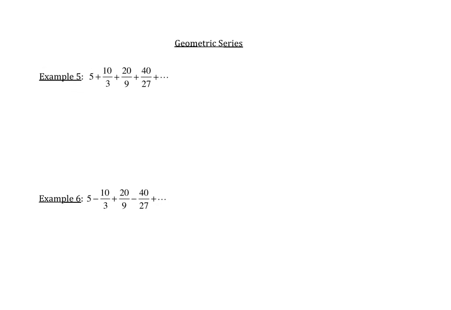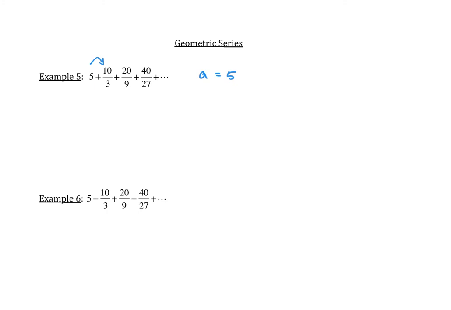When I look at example 5, I need to first see that we have a geometric series. I look at the first term, the first term is a, that's equal to 5. And when I think, how do I go from one term to the next term?